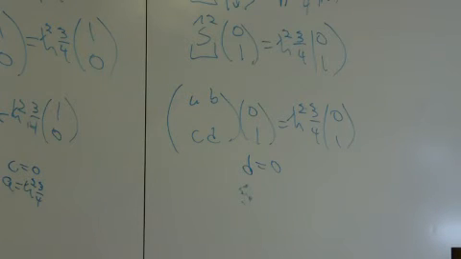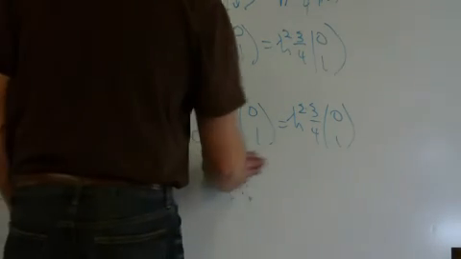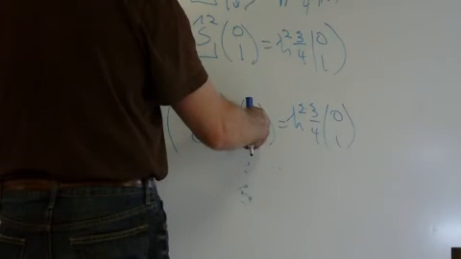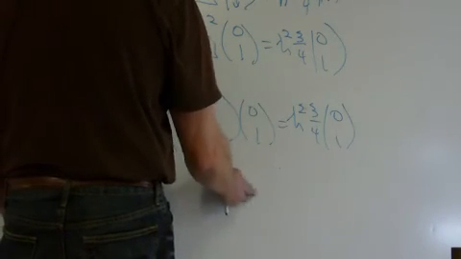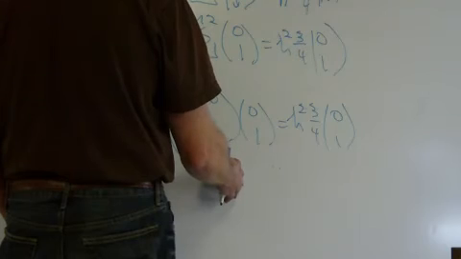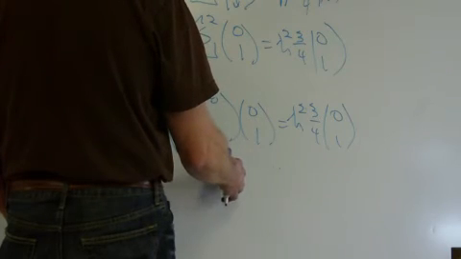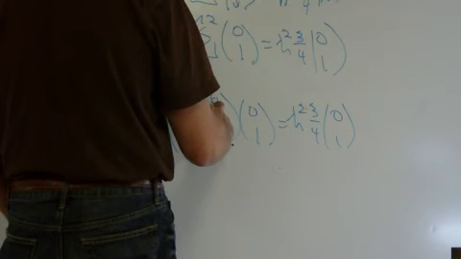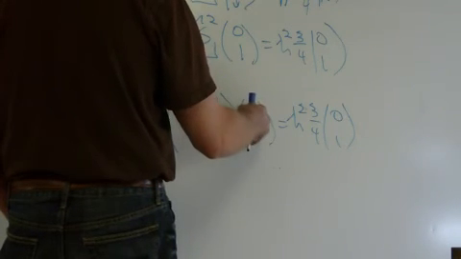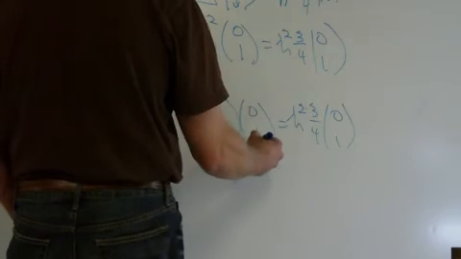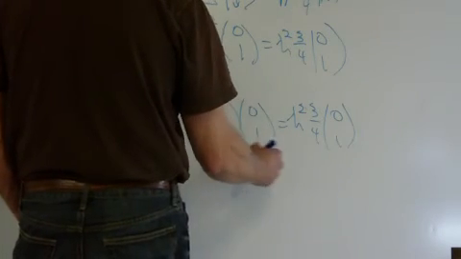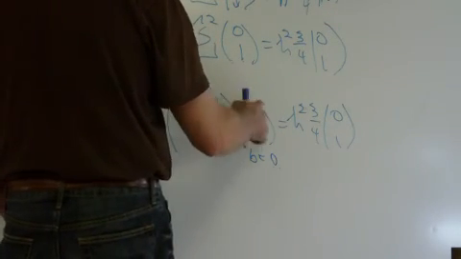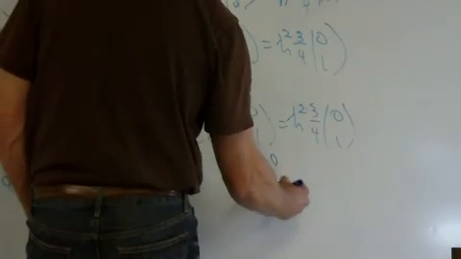I was going to cheat and use the book, but I have to figure this out. So B has to equal 0, and D equals h bar squared 3/4.